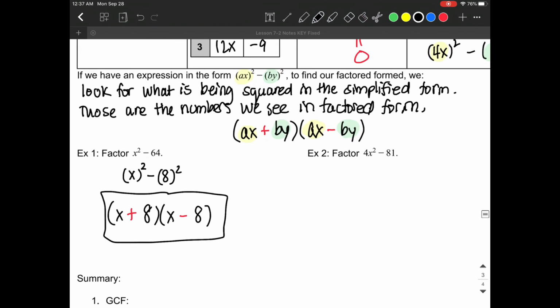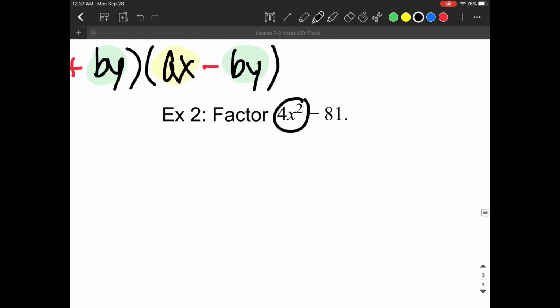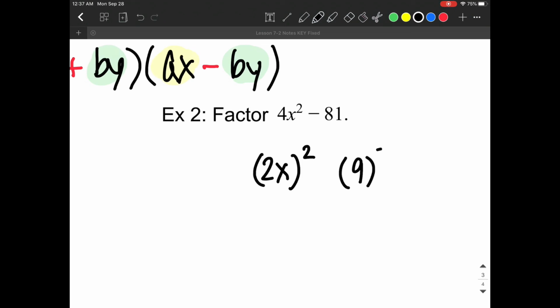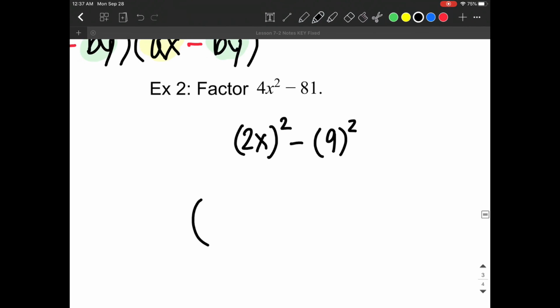For 4x squared minus 81, what's being squared here to get 4x squared? That is 2x times itself, so it's 2x to the second power. 81, what's being squared to get 81? 9 is being squared to get 81. I have the difference between 2x squared and 9 squared, and that means my first term in my factored form is 2x.